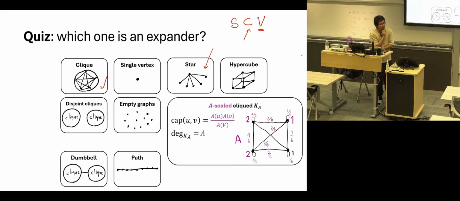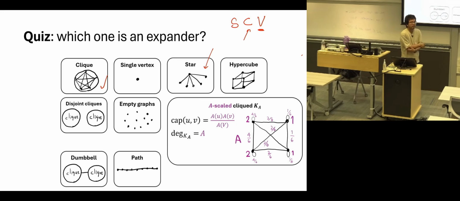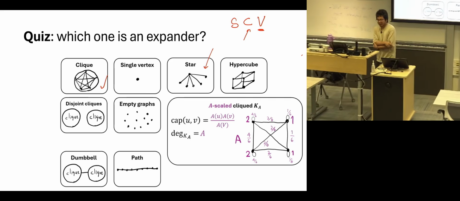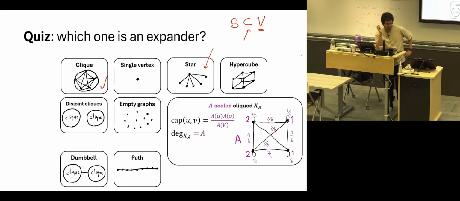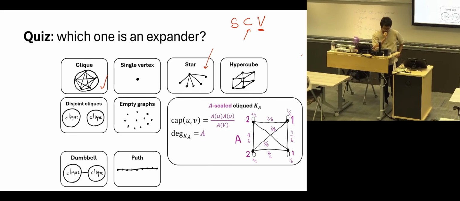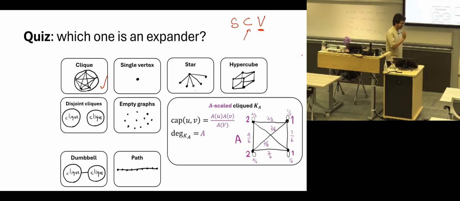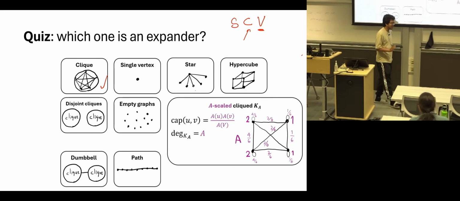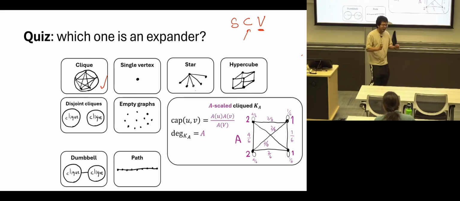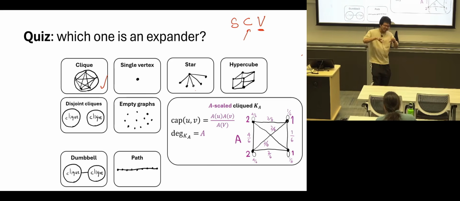What about a star? You can find one cut, so I think it should be right. Is it an expander? Yes. Well, it is an expander, yes. But to say that it is an expander, you need to say that for every cut, it is not sparse. That's what it means.